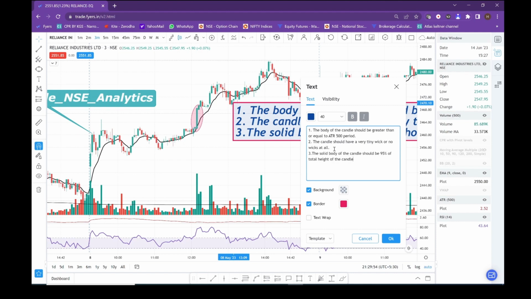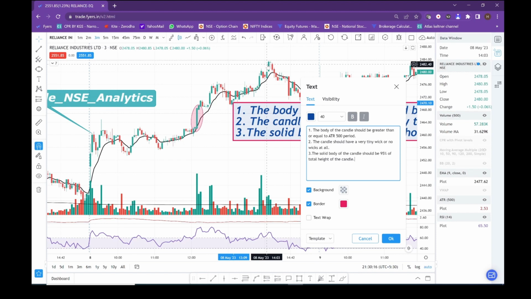So the simplest rule and easiest way to spot the candle is the body should be 95% of the total height of the candle. In this way you can avoid confusion to spot the momentum candle.